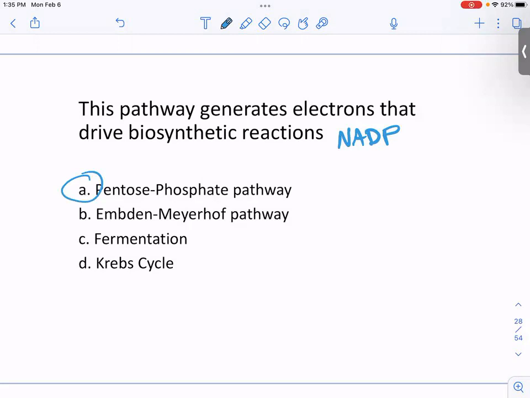Also in the Entner-Doudoroff, though that wasn't one of the possible answers there. Both of these have NAD, and when it carries electrons it's NADH, of course. The Krebs cycle also has the FADH2 and the NADH.